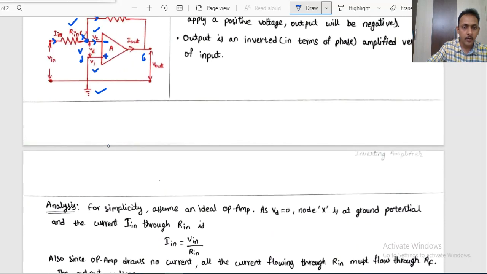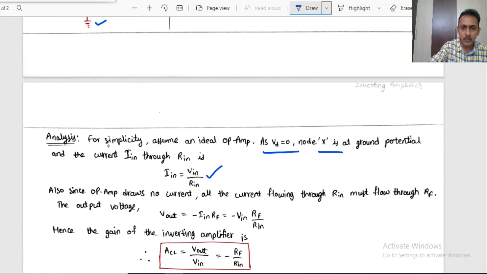Now if you observe this diagram, the input current will be simply the input voltage divided by the input resistance Rin. The assumption we made is Vd equals 0, that is, node X is already at ground potential. Now what will be the output voltage?